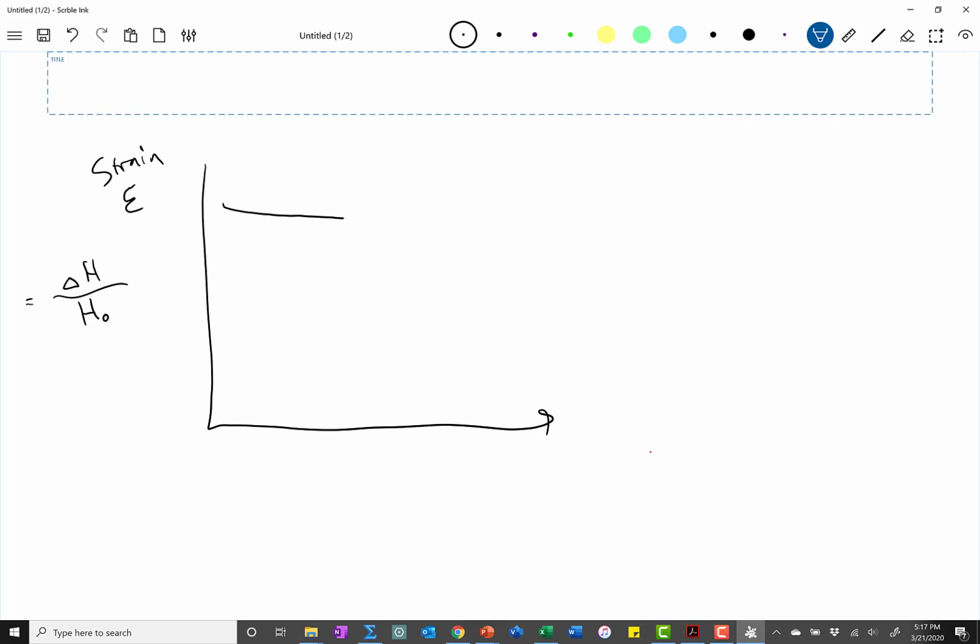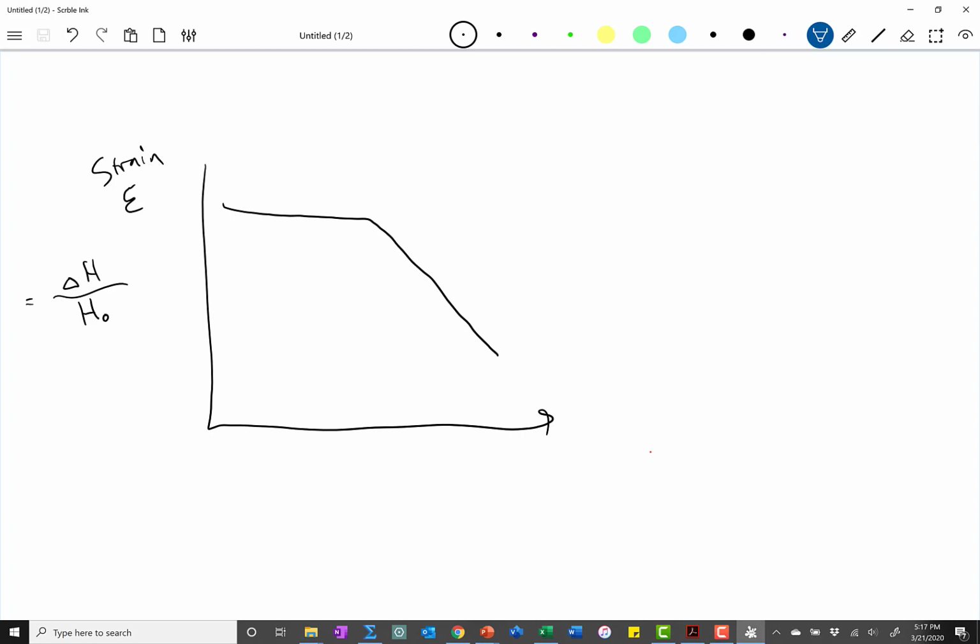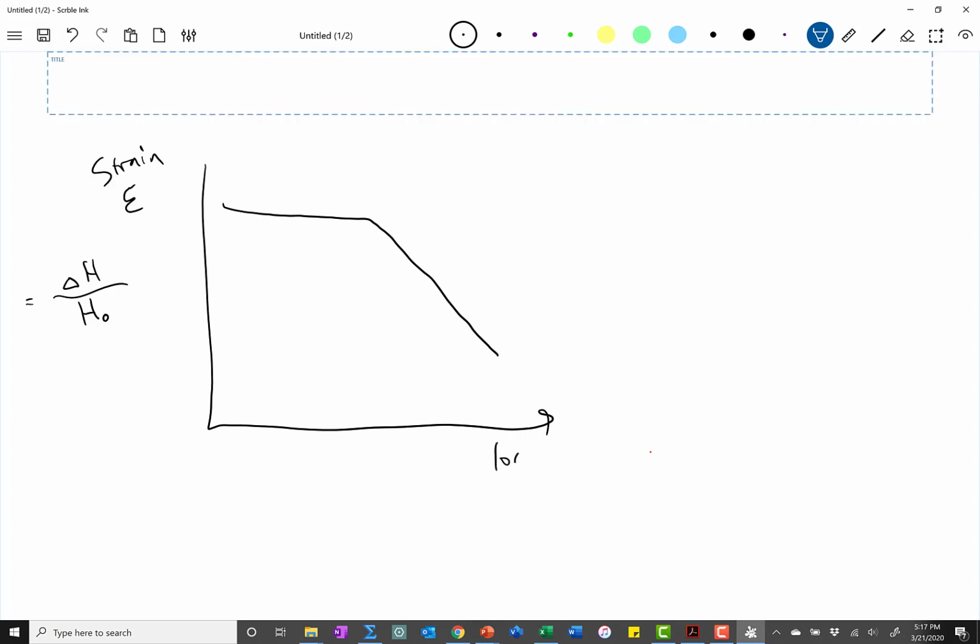And believe it or not, the shape of the curve is still the same because change in strain is directly proportional to change in void ratio. So a lot of engineers prefer to plot their consolidation curves as strain instead of void ratio, just because it's easier. You don't have to do a calculation, and you're certainly welcome to do that.